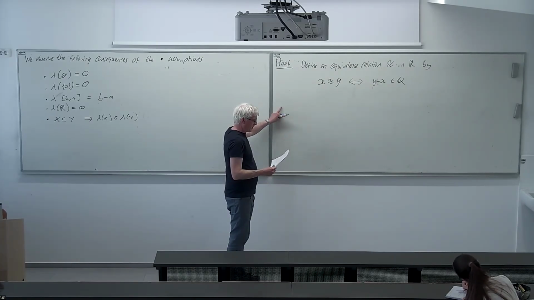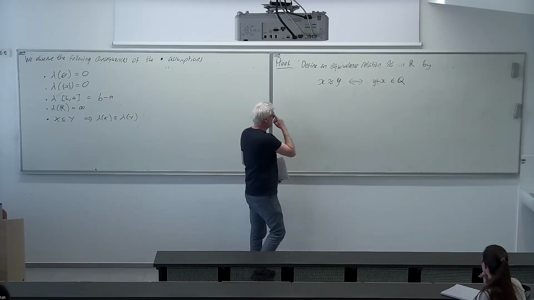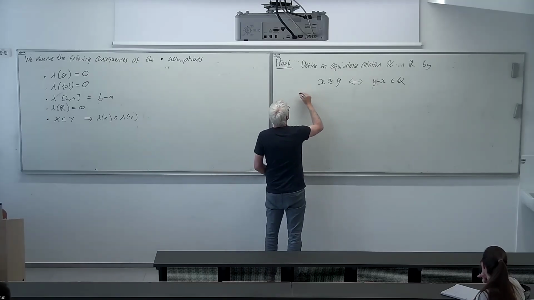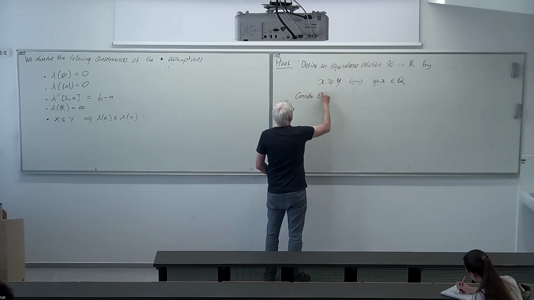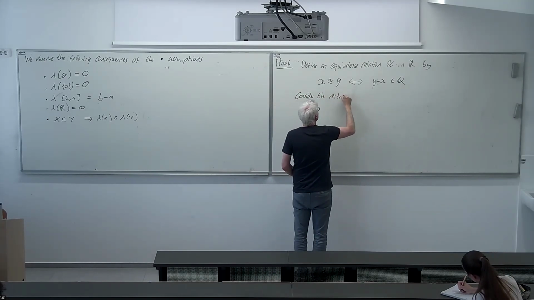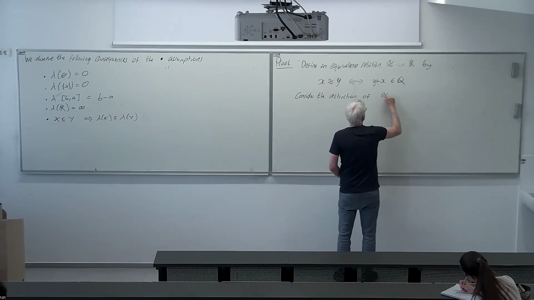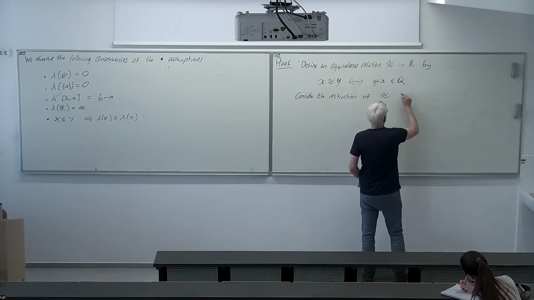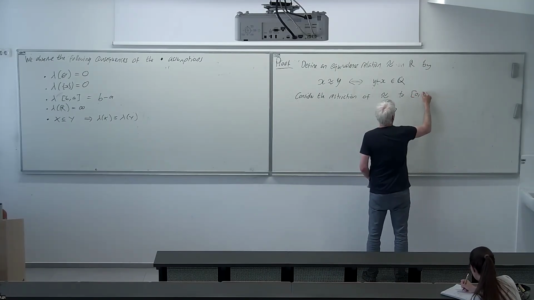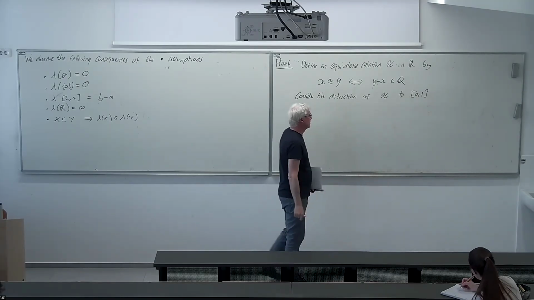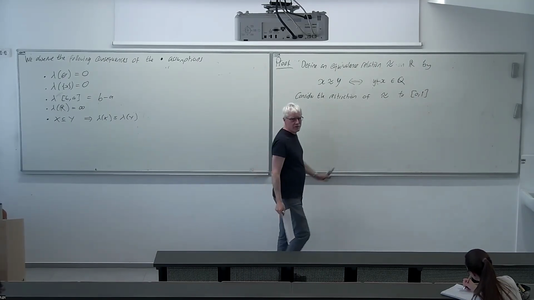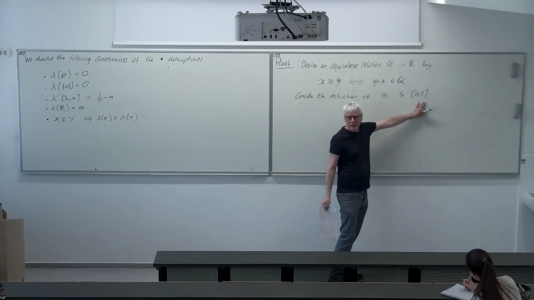We also consider the restriction of this equivalence relation to the interval [0, 1]. Okay, so it's obviously an equivalence relation, and then we have the restricted equivalence relation on [0, 1].